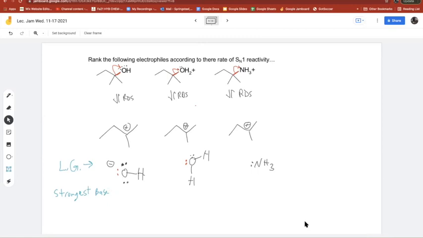What's your guess? Hydroxide, water, or ammonia? Hydroxide is like sodium hydroxide, you know, in lab, it's a strong base, right? Okay, and then which is the weakest base?